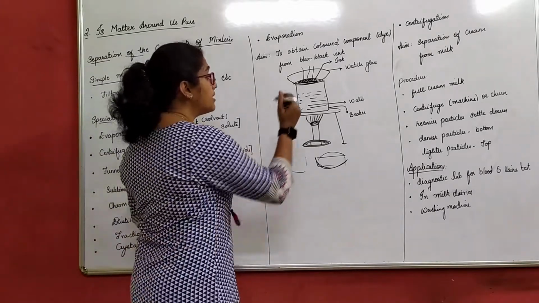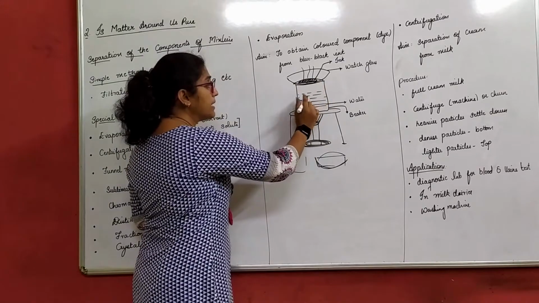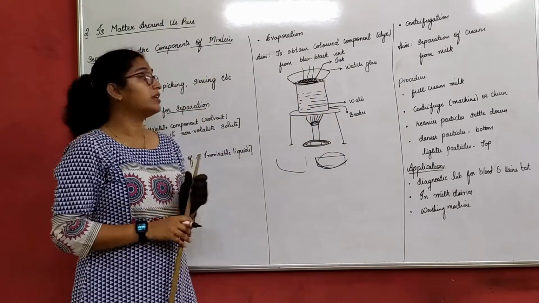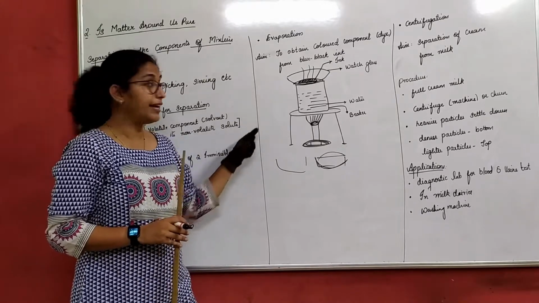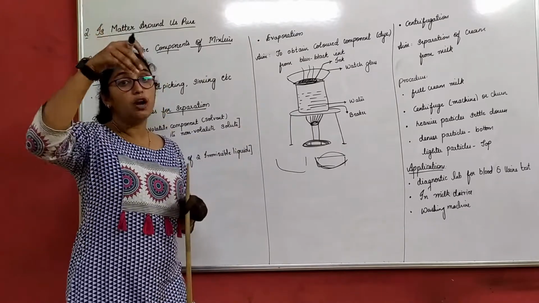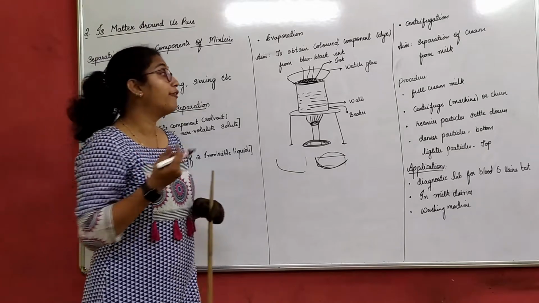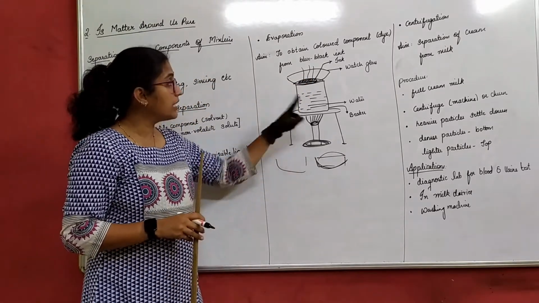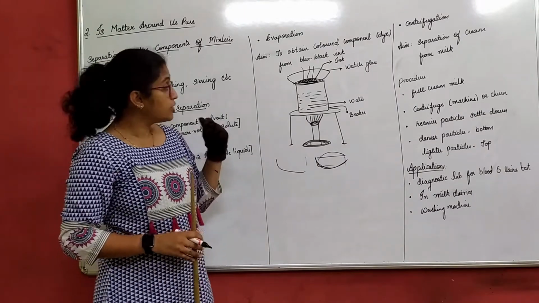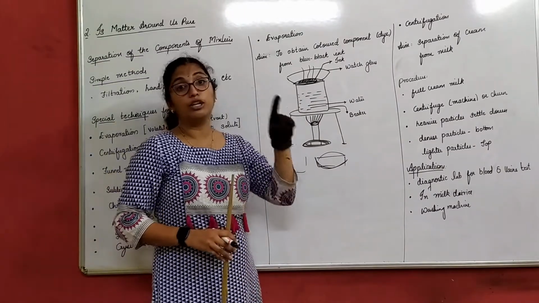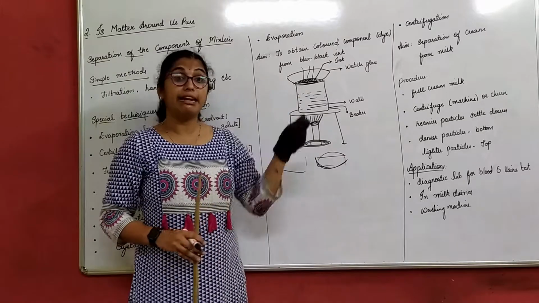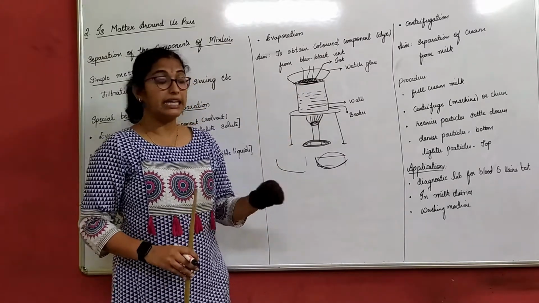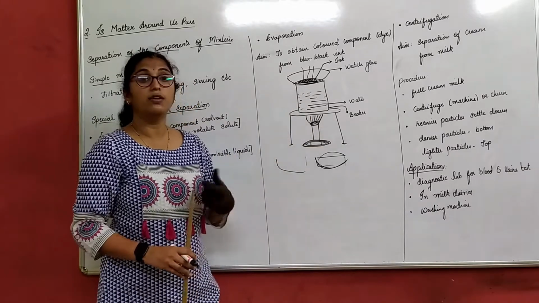So what we do here is, on the beaker filled with water, I cover the mouth of the beaker with the watch glass, right? And I pour a few drops of ink on the watch glass. Then I start heating the water. That's only because I do not want to heat the ink directly. That is why indirectly I want to heat the ink, so I start heating the water.